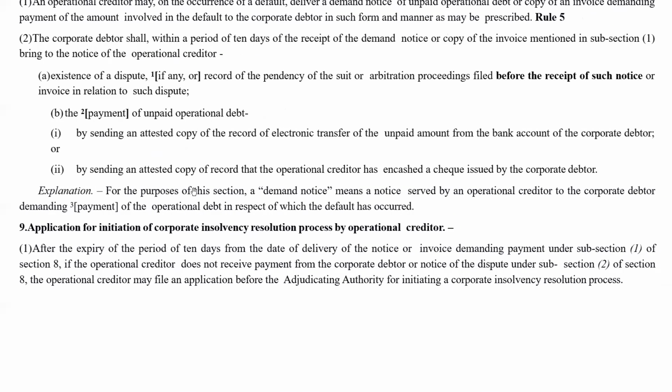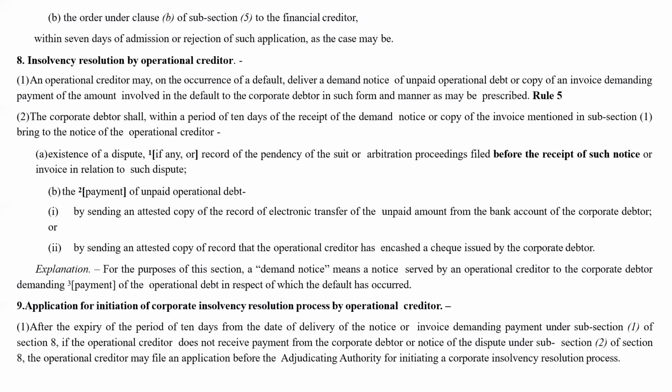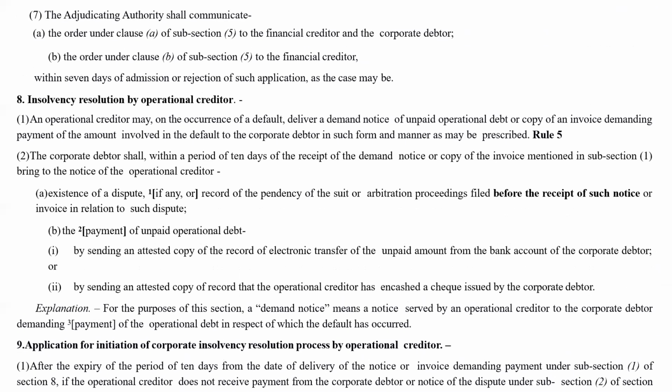Now section 8. Section 8 talks of certain procedures to be followed before an application is filed. So first of all, you have to deliver a demand notice of an unpaid operational debt or copy of an invoice demanding payment of the amount involved in the default.